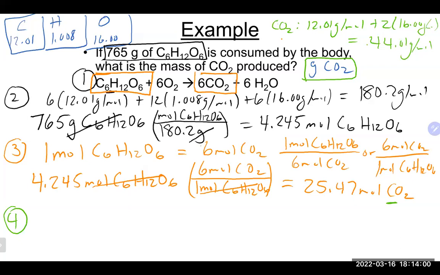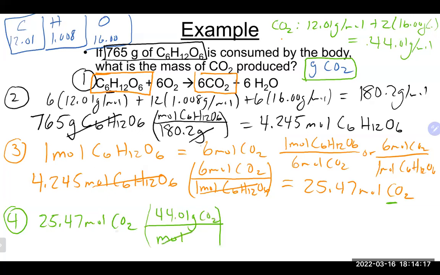So we're going to use that to finish out our calculation: 25.47 moles of CO2, putting the moles on the bottom so that they cancel, and the grams will go up on top so that we are left with it. At this point we multiply by 44.01, getting approximately 1121 grams of CO2.